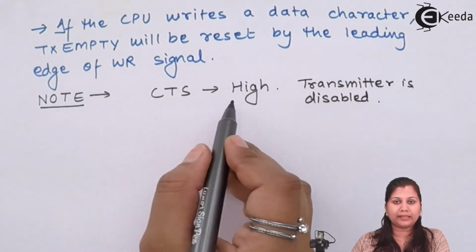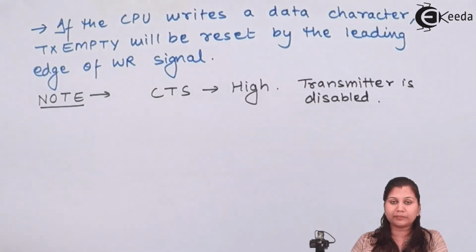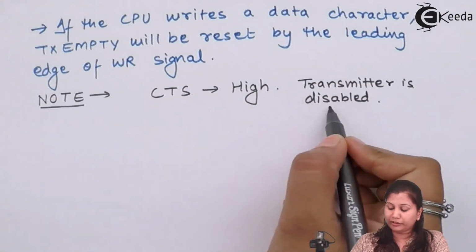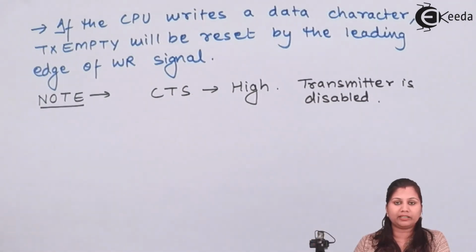Now, when this transmitter disable command is given, if any data character has already been written into the transmitter before that, then that data byte will be sent out to the peripheral device. After disabling of the transmitter, if any data byte is written, then that data byte will not be transmitted; it will be held by the transmitter only.